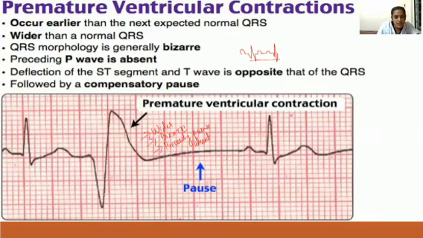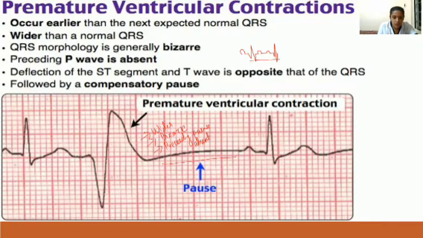And the deflection of the ST segment and T wave is opposite that of the QRS, followed by a compensatory pause before the next conduction happens. Here you can see the P wave and QRS complex normally happening. Then again, a premature complex here, shown as a wider QRS complex.